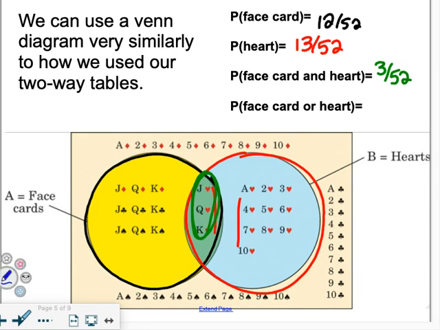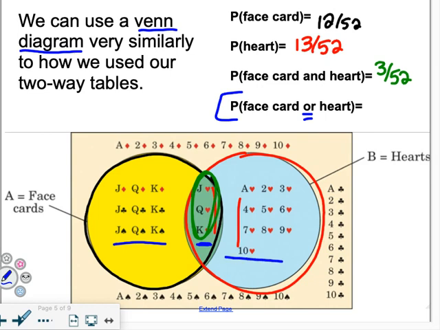And now this is the key piece right here. When dealing with a Venn diagram, this is a little different. Notice with a Venn diagram, we have already taken that middle piece, the double counted piece, and put it as its own value. And so just like we did when we started with Venn diagrams in chapter 1, to find this answer, we just take whatever's in here, plus what's here, plus what's in there.